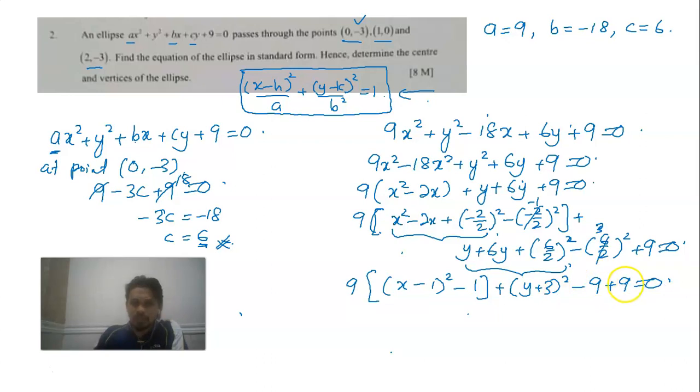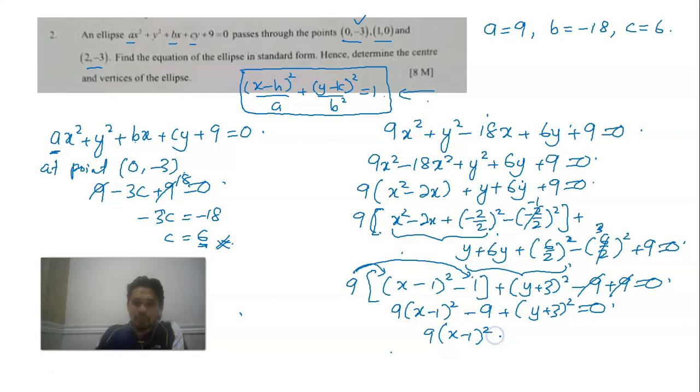So now 9 minus 9 equal to 0. Multiply this: 9 times x minus 1 squared, 9 multiplied with negative 1 is minus 9, plus y plus 3 squared equal to 0. So then 9 times x minus 1 squared plus y plus 3 squared equal to 9.